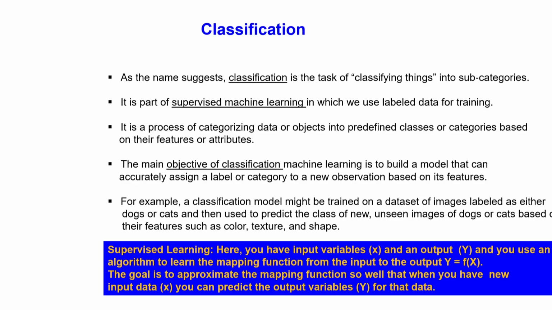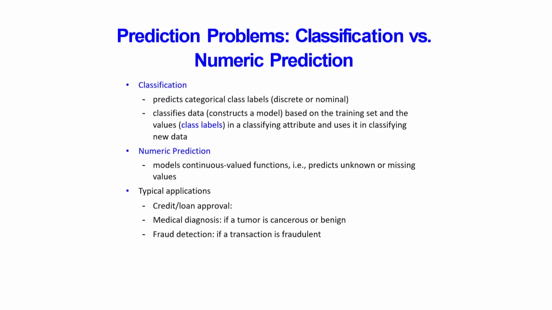Now, the question is, do you want to do it using a machine learning algorithm? So, what does it do? It predicts categorical class labels. It can be discrete or nominal. Discrete means separate values.